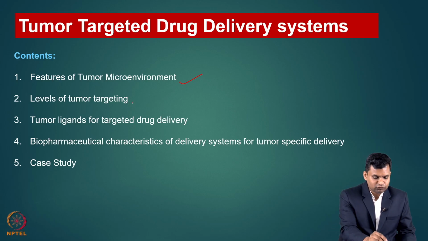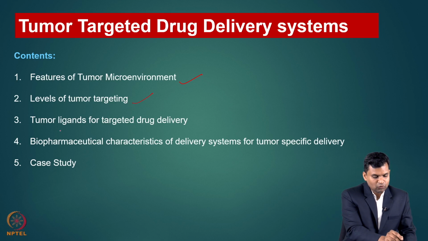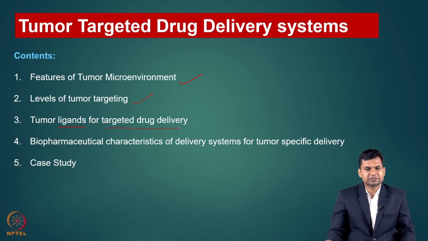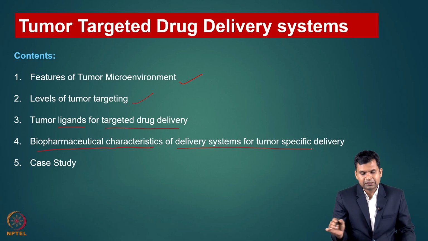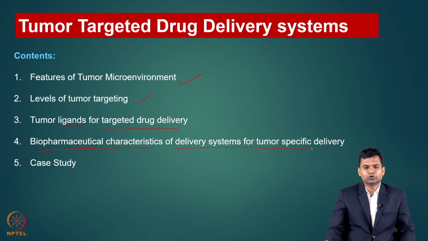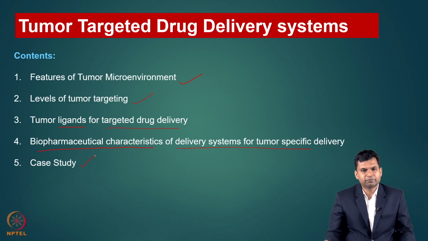Then we will see a few basics of targeting: the levels of tumor targeting, and the ligands we can use for tumor targeting. Then a few points on biopharmaceutical characteristics of delivery systems for tumor specific delivery, and at the end we will close today's lecture with a case study.